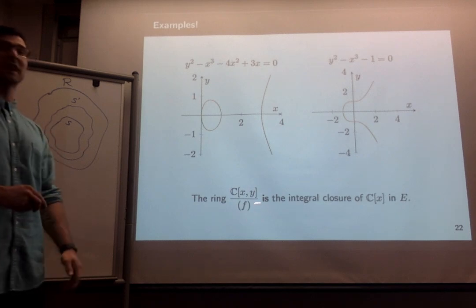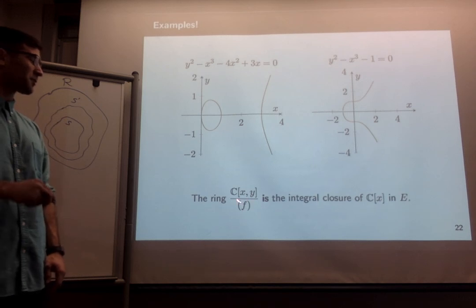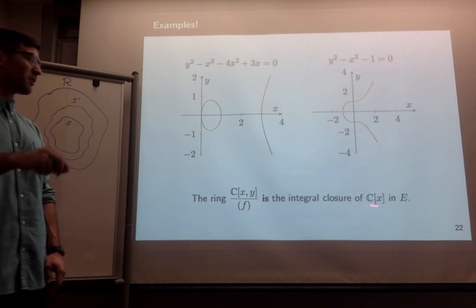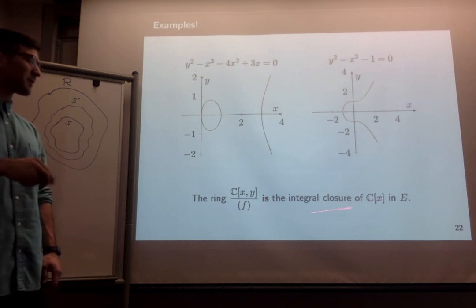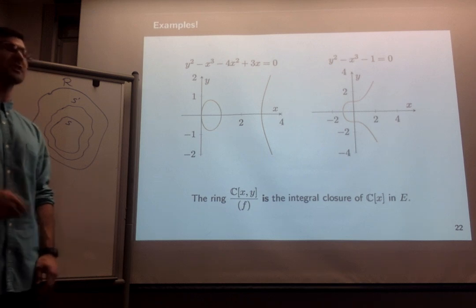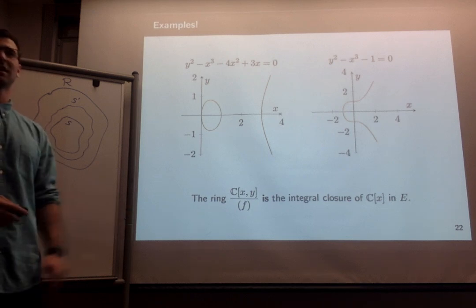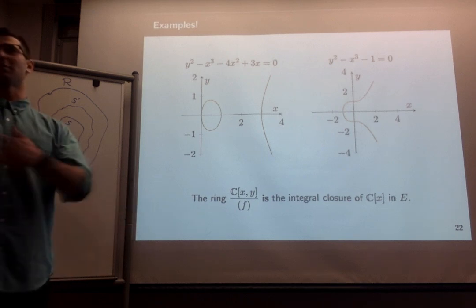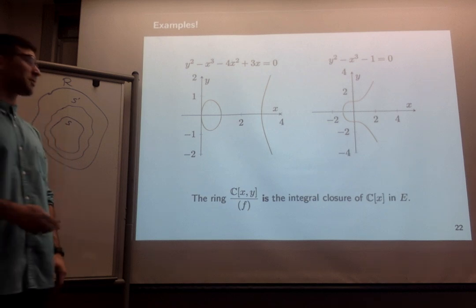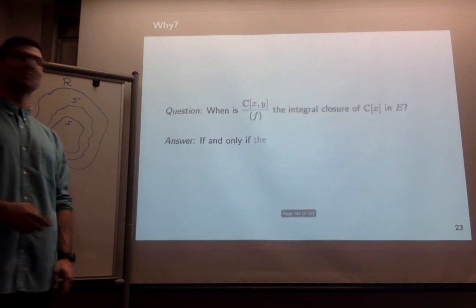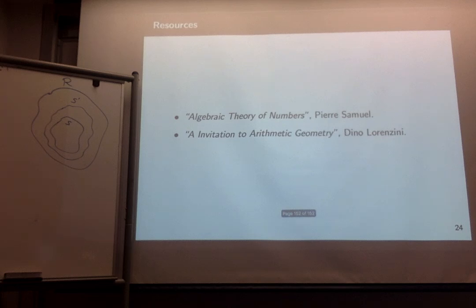This desirable algebraic property of this ring, C[x,y] mod f, over C[x], holds if the curve associated to f is nice. So you have a nice algebraic property corresponding to a nice geometric property.